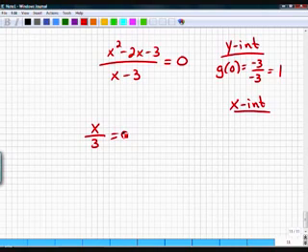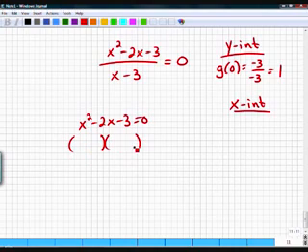Because anything divided by whatever, if it's going to give you a 0, then obviously the top must be 0. So to solve these, all you have to do is say, okay, what makes the top 0? So x squared minus 2x minus 3 is 0. Set the top equal to 0, solve it, factor: negative 3, positive 1, so x is negative 1 and positive 3.